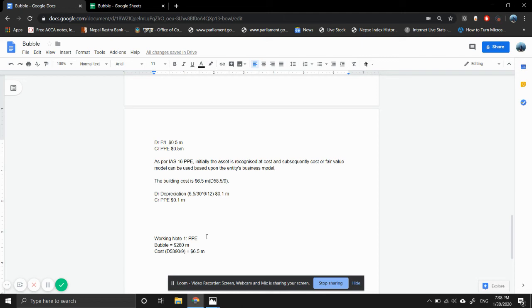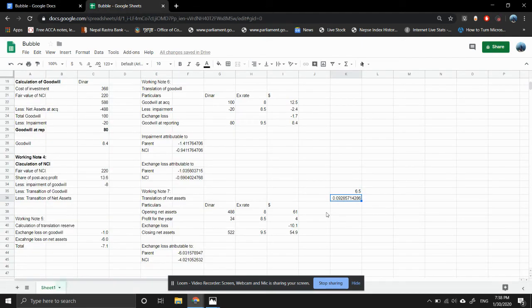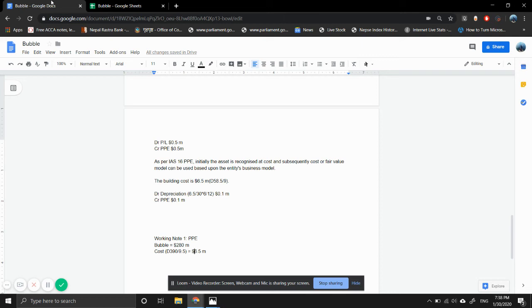It should be 9.5 because we are translating using closing rate, right? So 390 divided by 9.5 is 41.05, so 41.1. This is for Chrysler. And then after that, the adjustment increased it by 2 million.